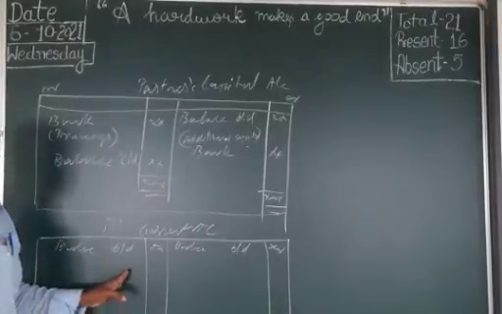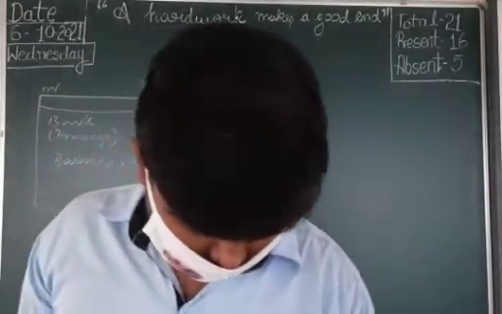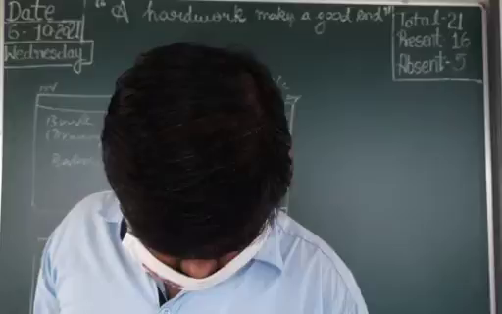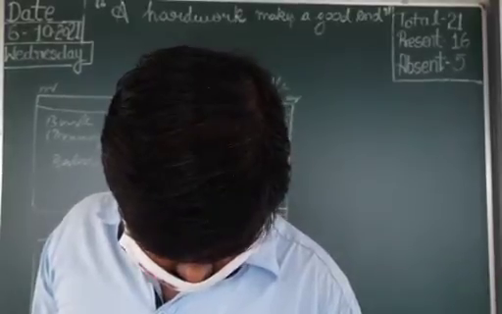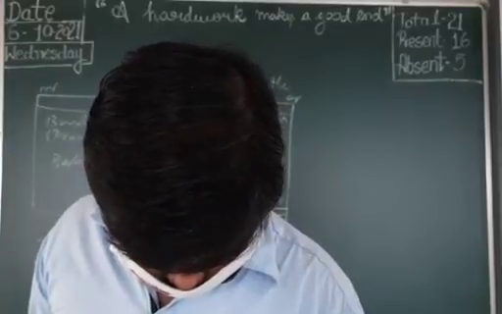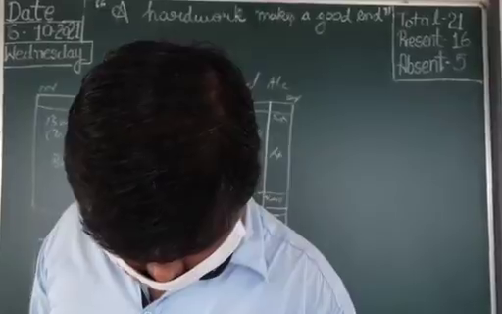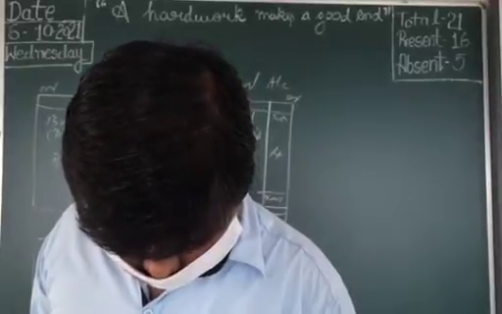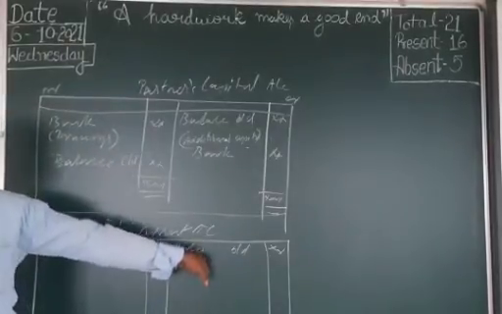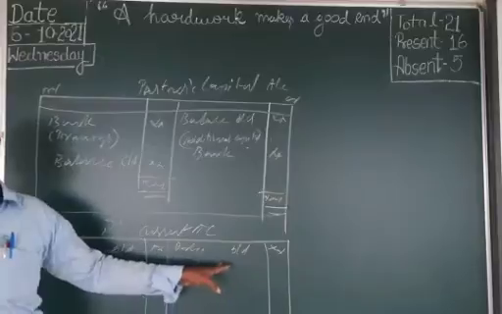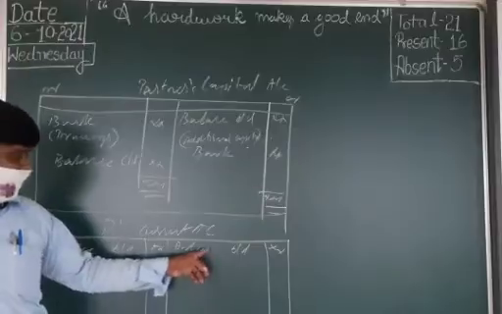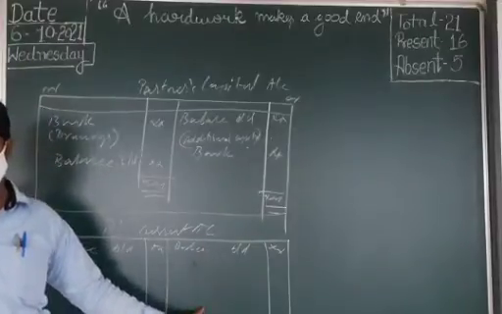Next, what are the items that will come here? What are the benefits for the partner? The expense for the firm, the benefit for the partner, will come on their credit side.